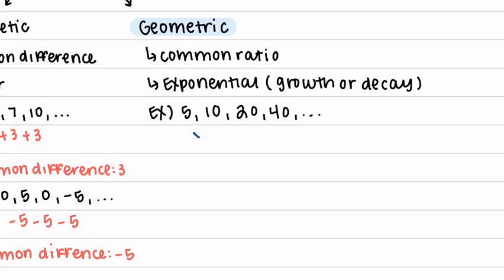I can see that to get to each new number, I'm going to multiply by 2. And that's what a common ratio is. You're multiplying by the same number. So this one would have a common ratio of 2.